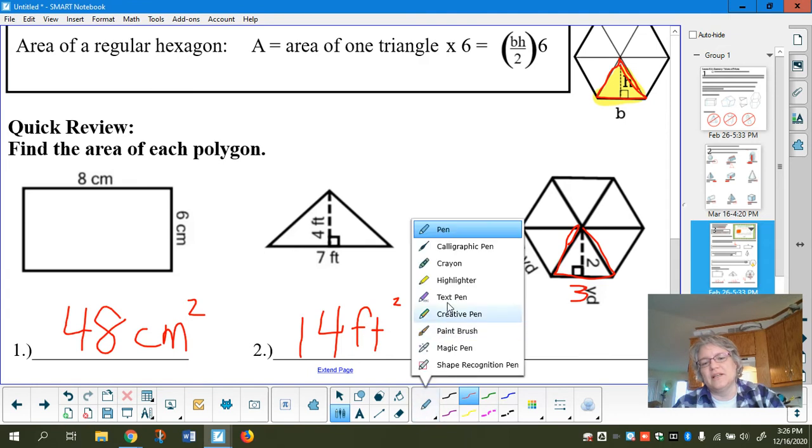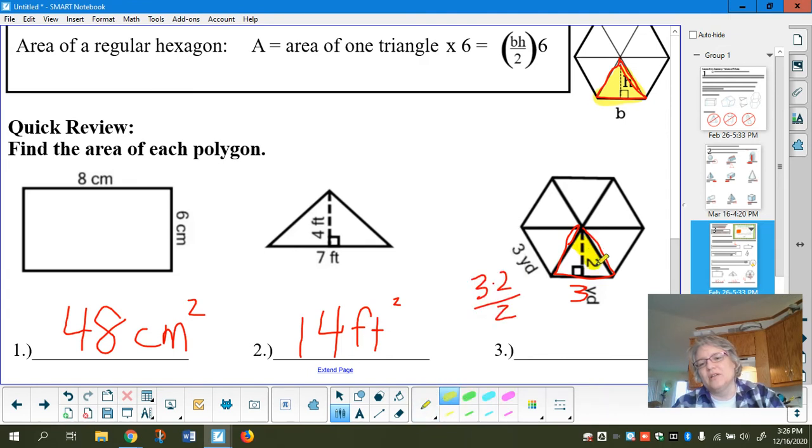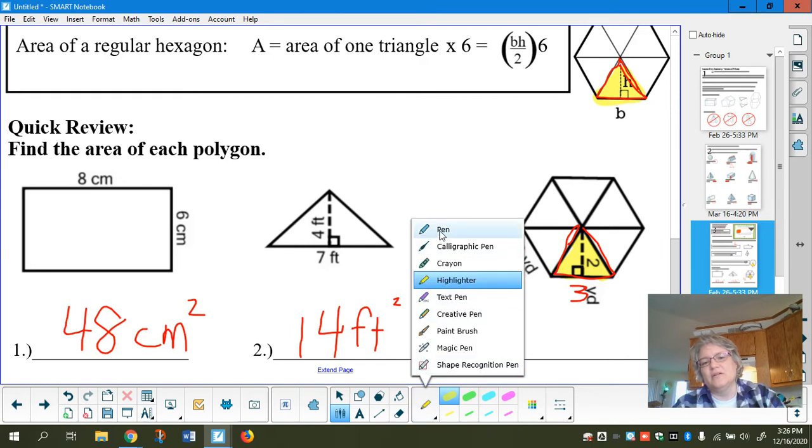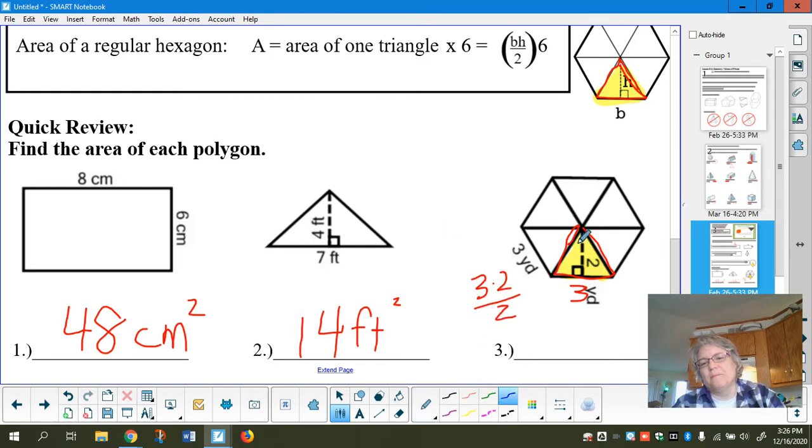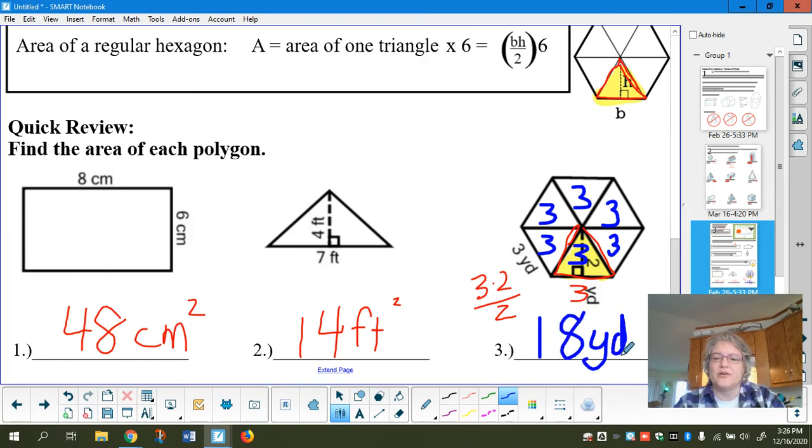So, just like in the example I did above, this triangle has an area of 3, which means all of these have an area of 3, and 3 times 6 is 18. So this regular hexagon has an area of 18 yards squared, or 18 square yards.